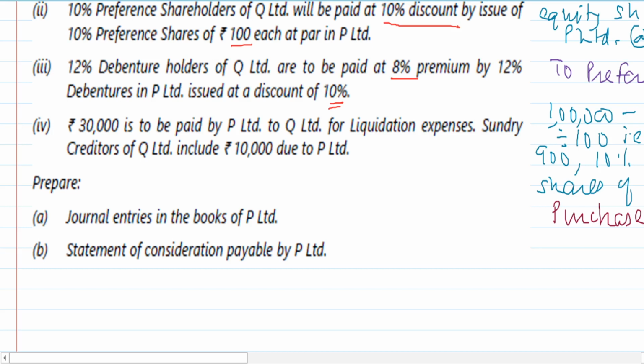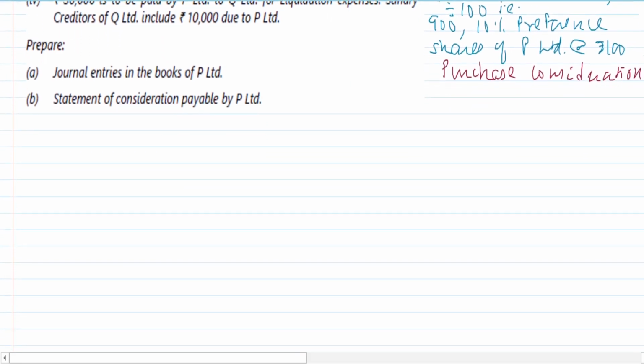Assets will be recorded at their agreed values. Even the liabilities will be also recorded at their agreed values. So I'll do a separate working for the same, and then we will go for the journal entries.